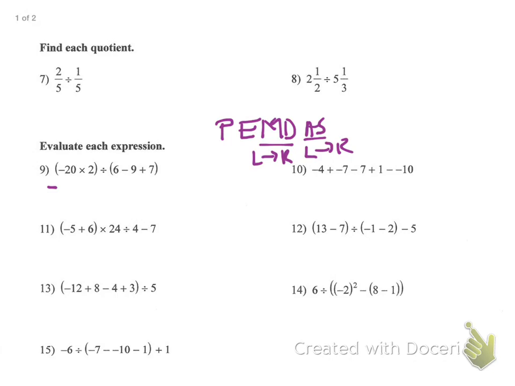Negative 20 times 2 is negative 40. Keep that. 6 minus 9, and you notice I'm going from left to right. 6 minus 9 is negative 3. Negative 3 plus 7 is positive 4. So this problem actually is now negative 40 divided by 4, which is negative 10, because when you divide a negative by a positive, it's negative. Hopefully that made sense to everybody.